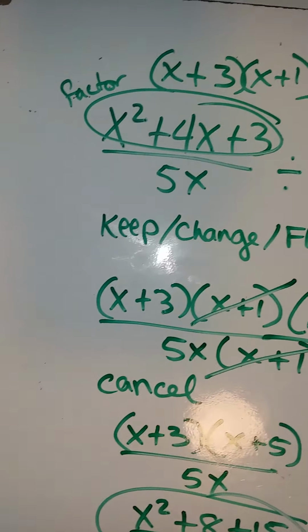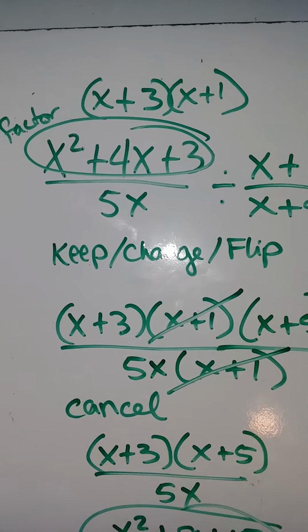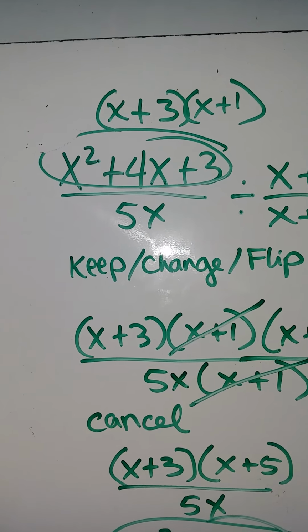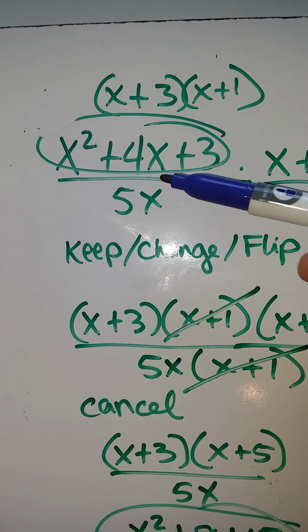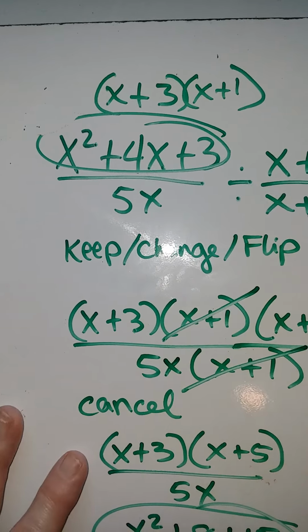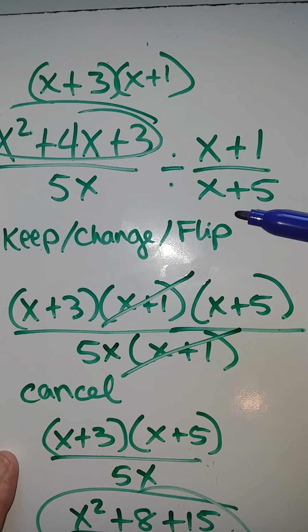All right, let's do one of the problems that you were given. I should have tried to consider whether this fit in my screen or not, but here we are. So we had x squared plus 4x plus 3 over 5x, all of that divided by x plus 1 over x plus 5.